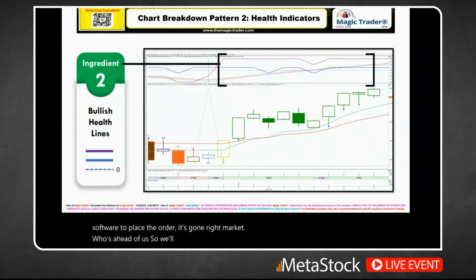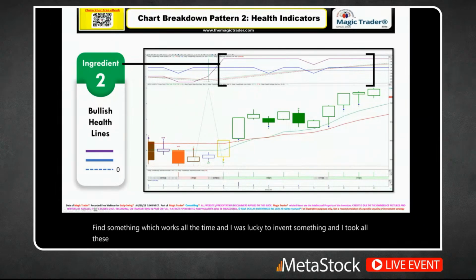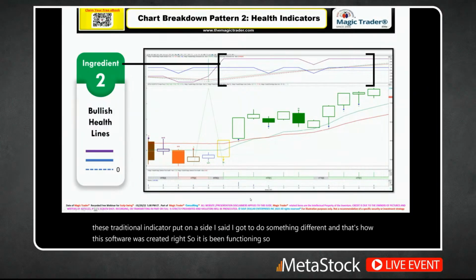So I got so frustrated, I had to find something which works all the time. And I was lucky to invent something, and I took all the traditional indicators and put them on a side. I said I've got to do something different, and that's how this software was created. So it has been functioning so far, for a lot of years.